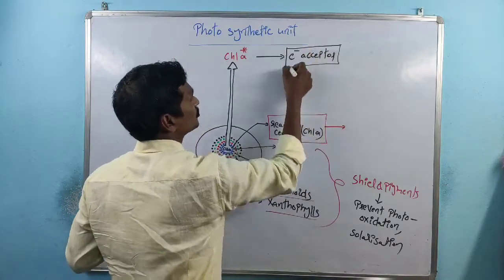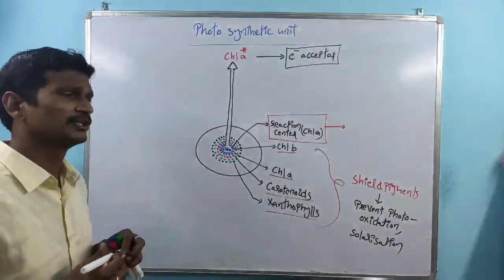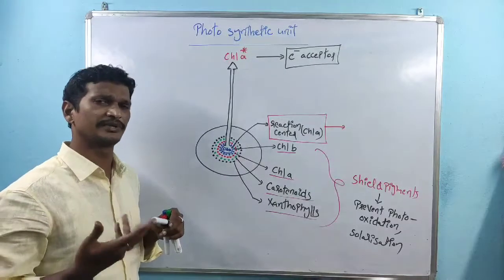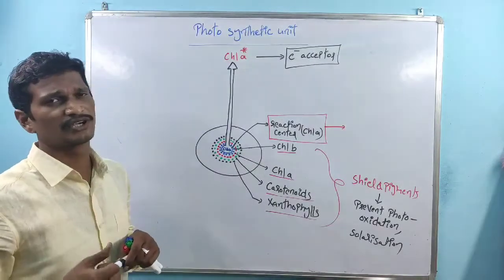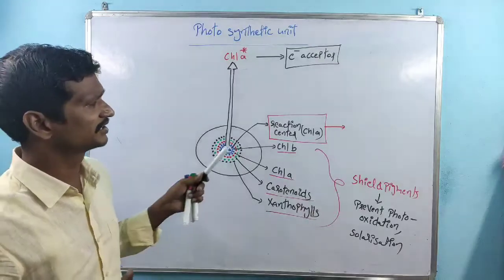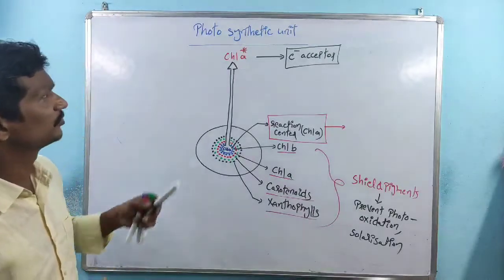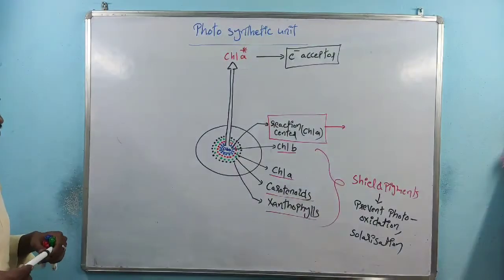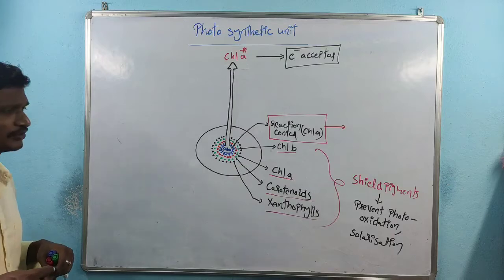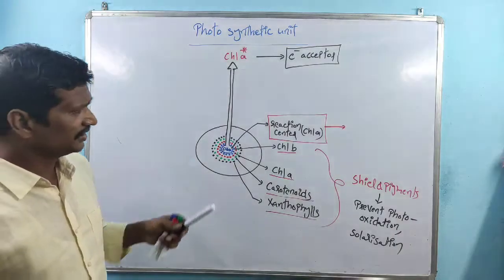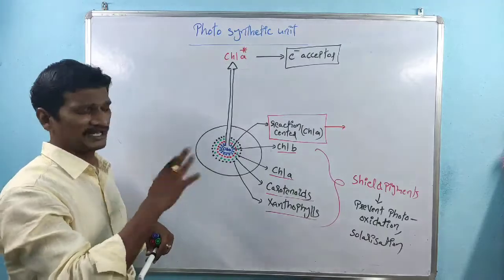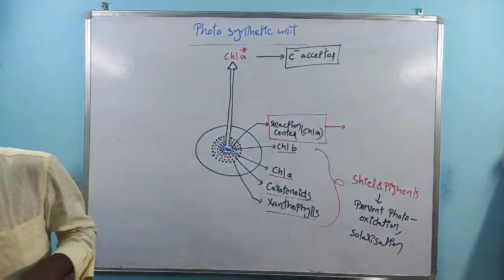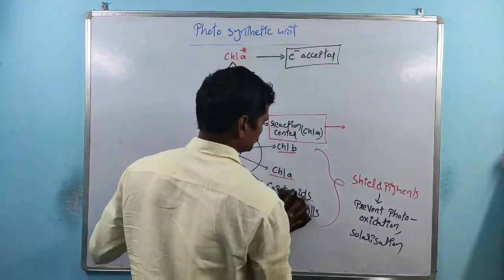The remaining pigments are also there. We will discuss that PS1 pigments are different from PS2 pigments. Some electron accepting complexes are also present, which accept the electrons. So this is about the photosynthetic unit.